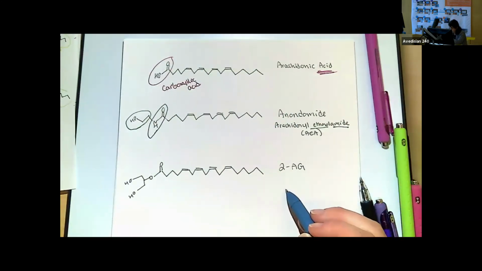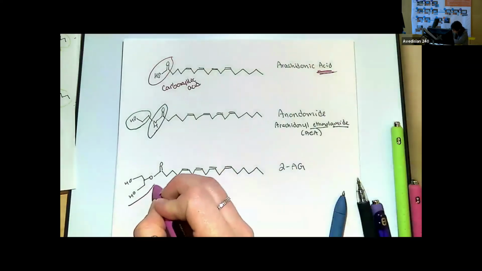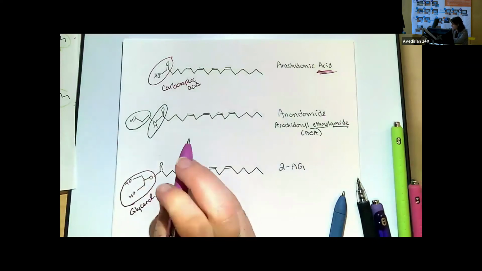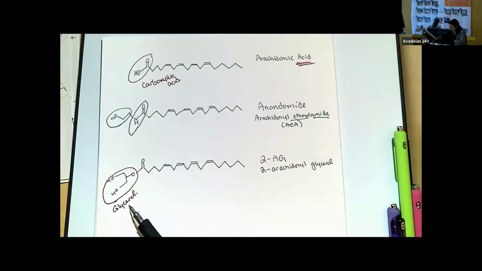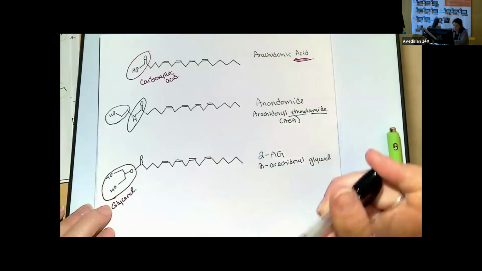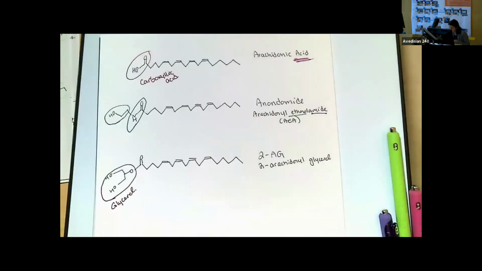And then if we look at 2-AG, what we'll notice is we have a glycerol group here. The actual name of 2-AG would be 2-arachidonyl glycerol. So again, the right side of the molecule is the same as arachidonic acid, and then we have a glycerol functional group. So this is where the names actually come from, and this is where you can really tell how similar they are, and that's why they act in similar ways.